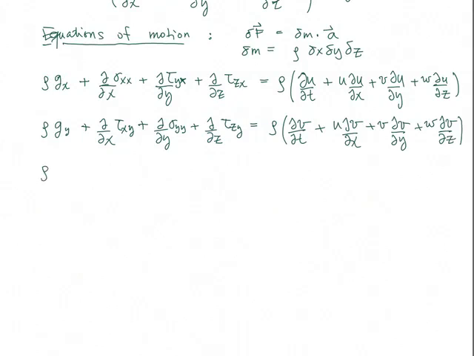And finally, in the z direction, we have rho g z, if there was any acceleration in that direction, depends on our choice of coordinate system.